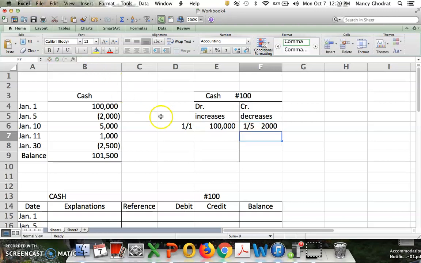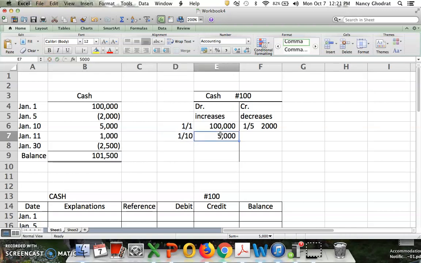Now, does it matter? If you're using a T account, you don't have to create one row for each amount because it's an informal way of showing your increases and decreases. Then you don't have to use one line per account, per amount. So in this case, the 5,000, which was on January 10th, shows up here.